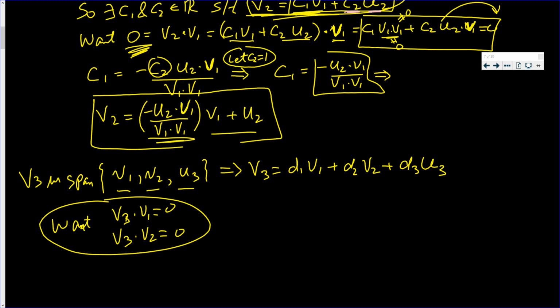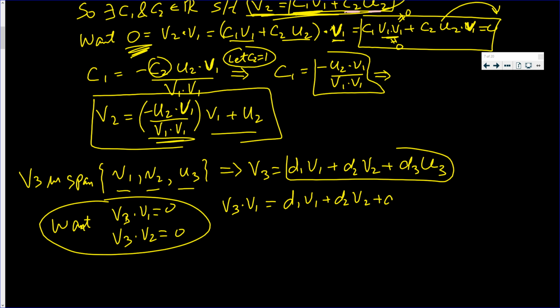Okay, let us compute V3 dot V1, and we'll make it equal to 0. V3 is d1 V1 plus d2 V2 plus d3 U3. I dot this with V1. That's d1 V1 dot V1. Then d2 V2 dotted with V1, we already know those are orthogonal, but let's write it down.